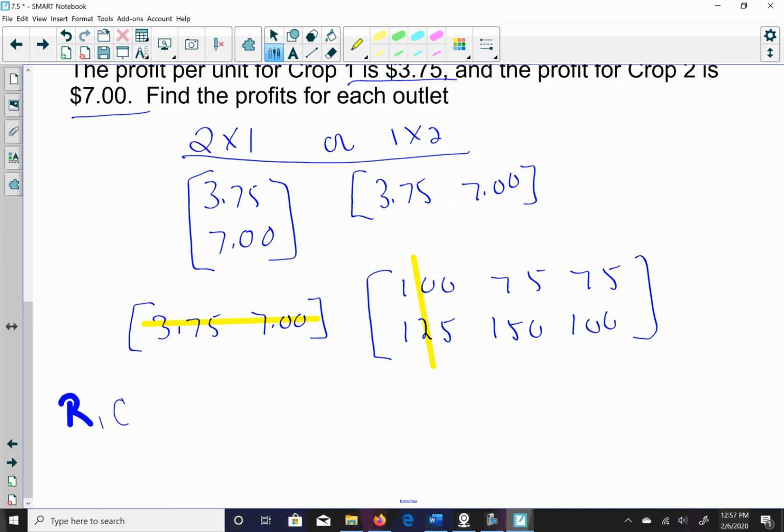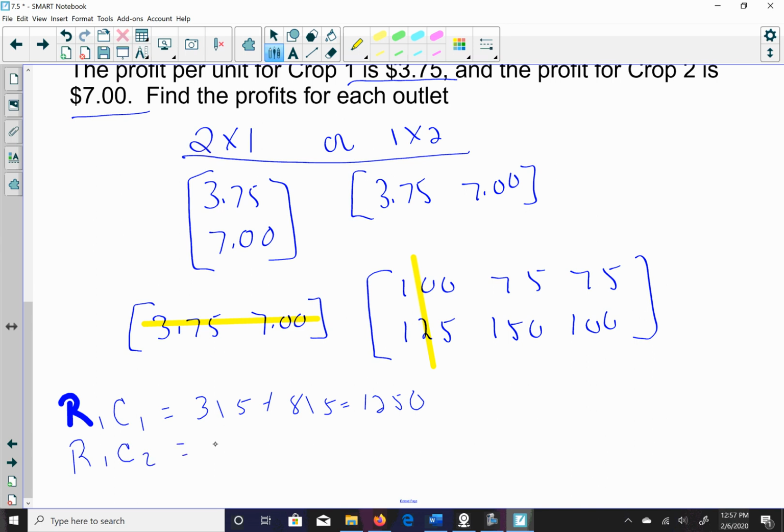So doing this, I'm going to have row 1 times column 1. When I multiply 3.75 times 100 is 375 plus 875, that's going to give me 1250. I've multiplied row 1 by everything I can, so now I'm going to do row 1 times column 2.